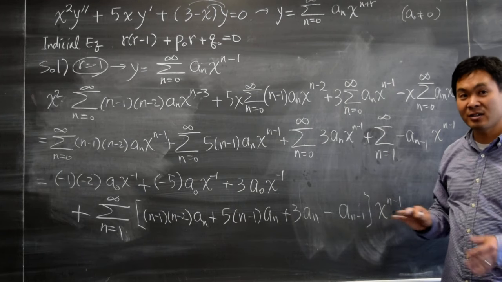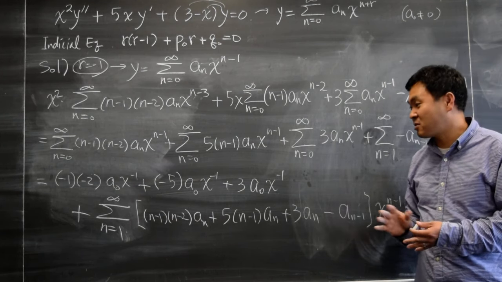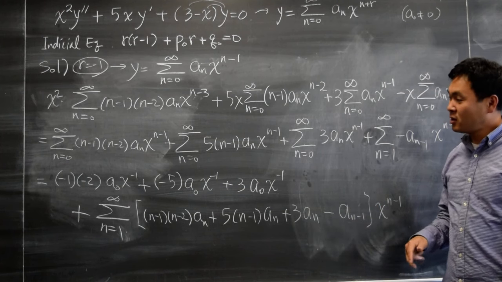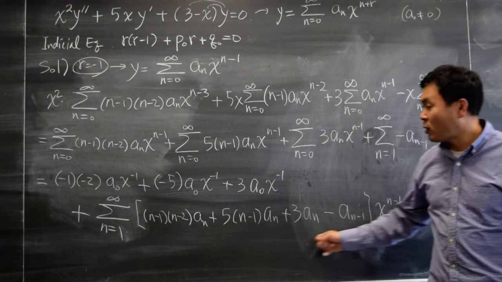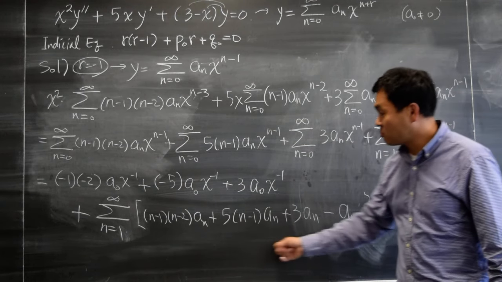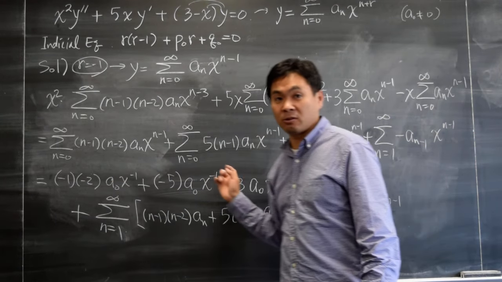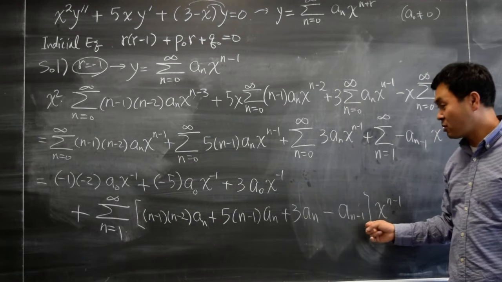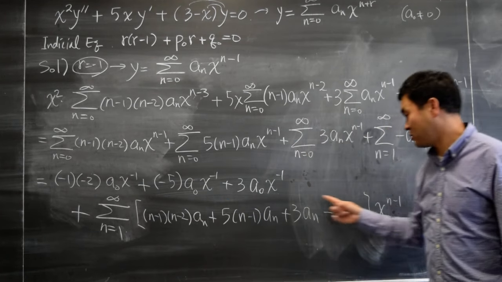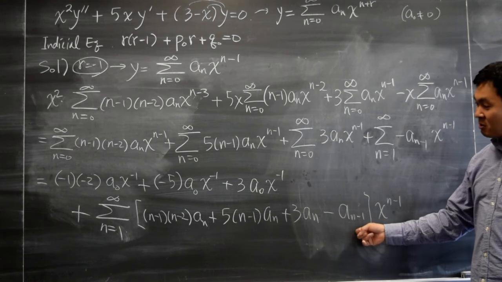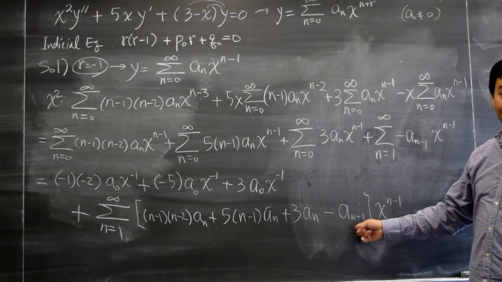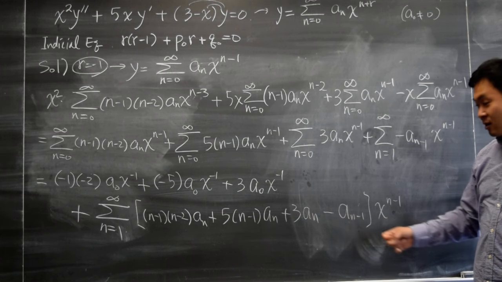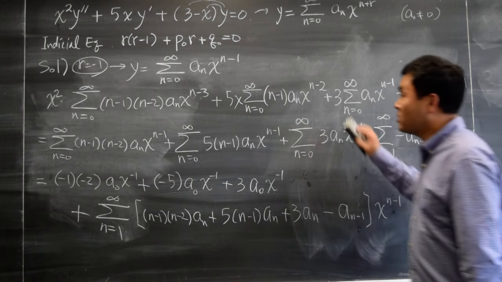And there's a mathematical theory which says the only way that can be possible is when all the coefficients are equal to 0. So this has to be 0, this has to be 0. This is already 0, and therefore the only thing that we require is this has to be 0. And this is a good thing because that's going to give me what? A recurrence relation, right?